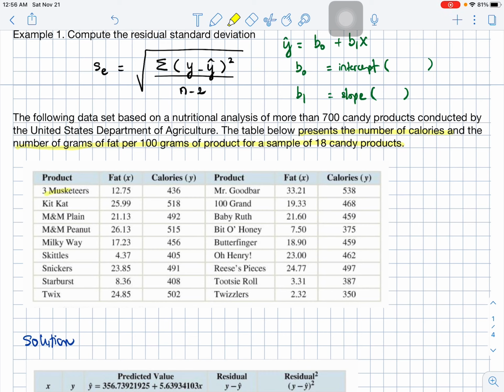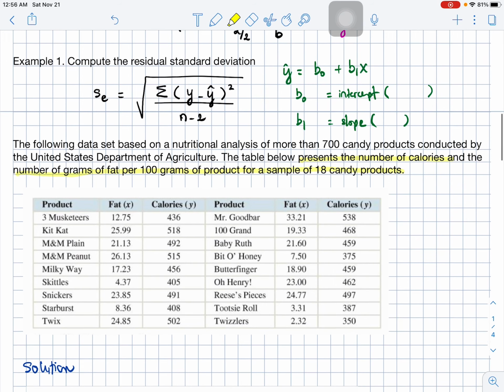So we have one candy, and one candy gives fat and calories. We have 18 products, so we have 18 pairs, given as x and y. We want to compute the residual standard deviation s_e.